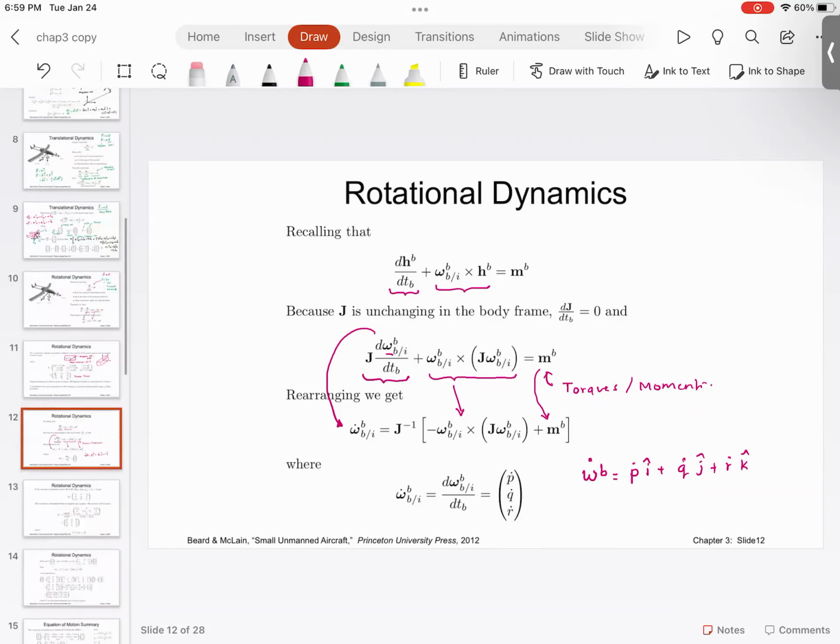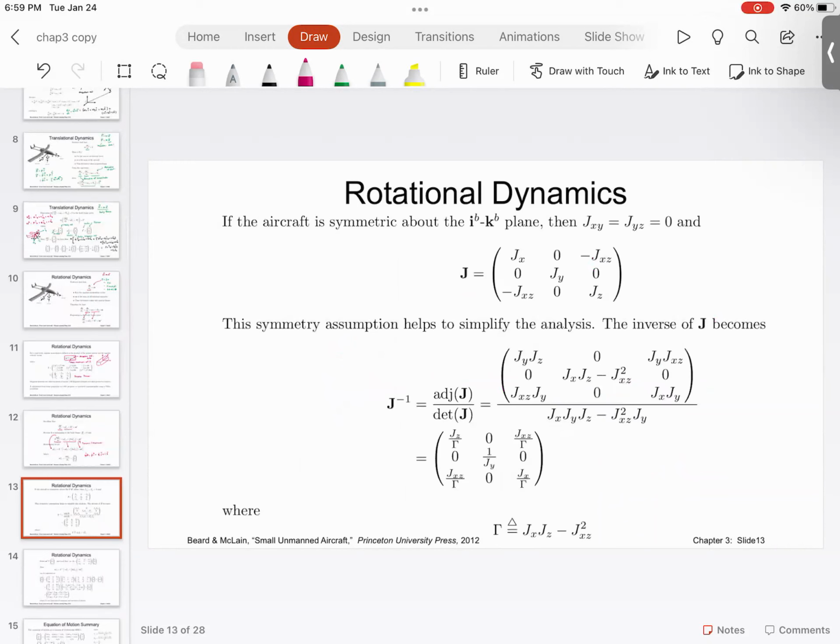And next step is, if you look at the aircraft, please try to understand. Let me draw an aircraft. This aircraft is symmetric about the IB KB plane. So please understand, this is the IB and KB plane.